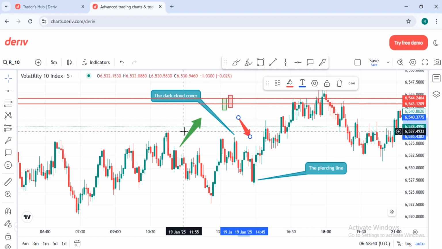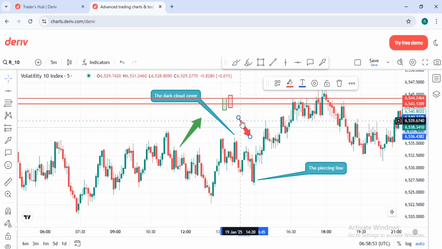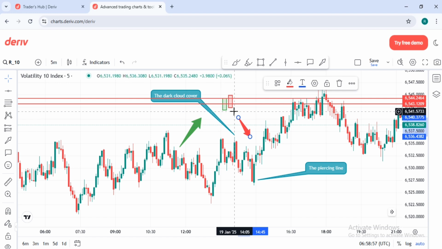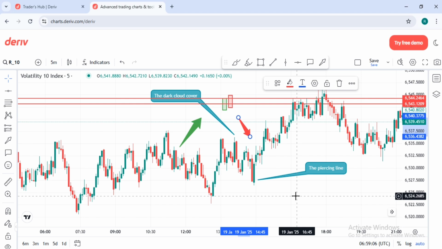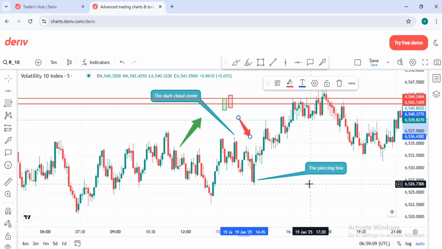Okay. The dark cloud cover: uptrend, green candlestick forms, followed by a red one. The red one starts above the green one. It closes past half of the green one. And of course, remember, if this red one closed somewhere here, that one would be bearish engulfing. Of course, it would signify a downtrend also, but this one is now the dark cloud cover.